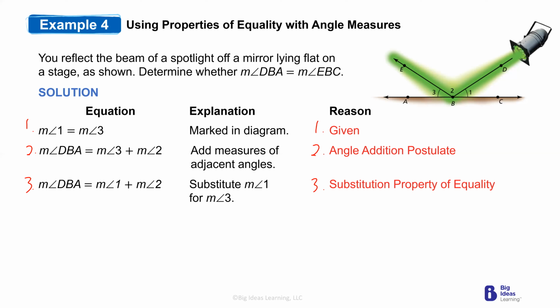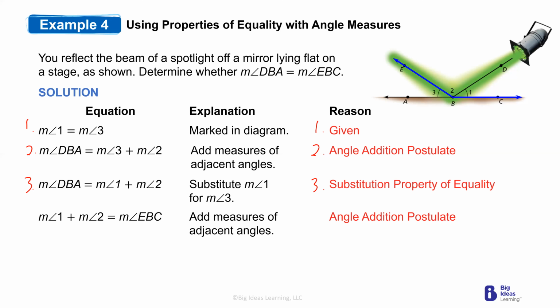So if we look at the diagram, there's angle 1, there's angle 2. Here's EBC. That's again our angle addition. So we have these two angles added together, give us that angle. That's how we're able to get line 4.